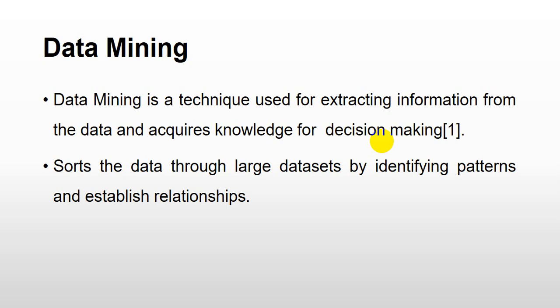When this information is used by a particular person who is related to this particular area, then this information becomes knowledge. This whole concept is known as data mining. So, data mining is a technique used for extracting information from the data and acquiring knowledge for decision making. It sorts through large data sets by identifying patterns and establishing relationships.